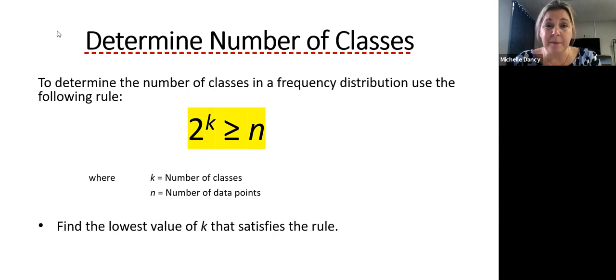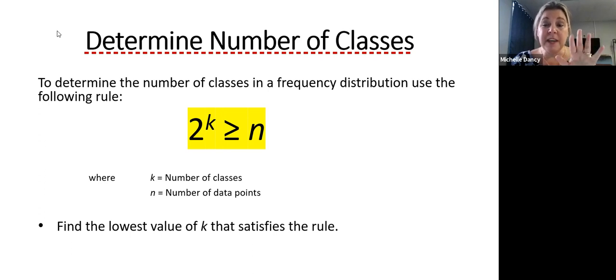So if you remember from mathematics, 2 times 2 is 4, times 2 is 8, times 2 is 16, that's still not greater than 20, times 2 is 32.